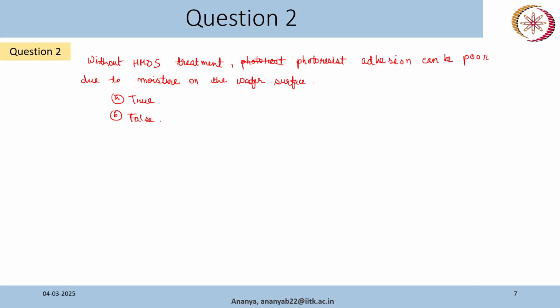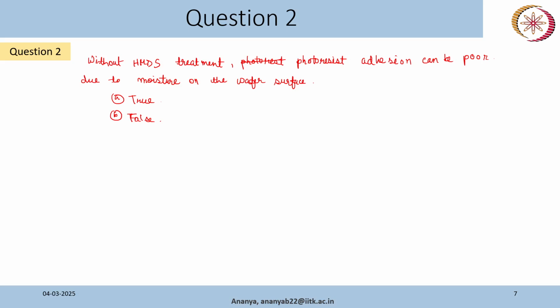You know that pure silicon is in general hydrophobic. It does not attract moisture. But when we keep silicon outside, there will be a very thin silicon dioxide layer on top of it.